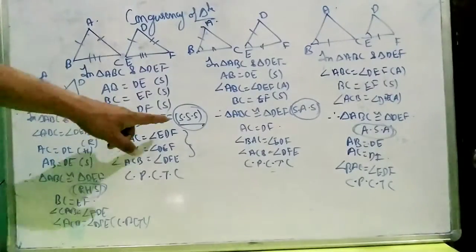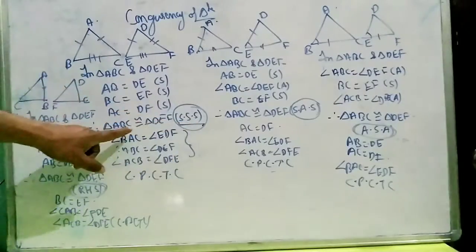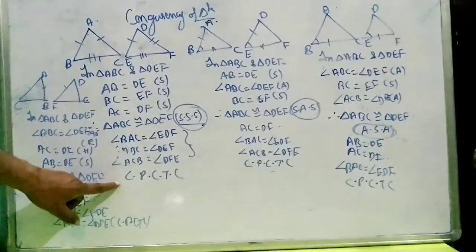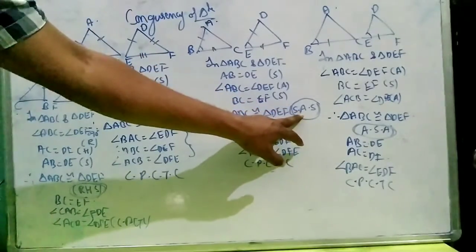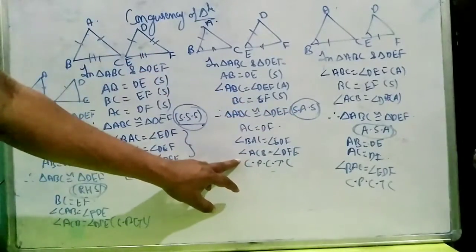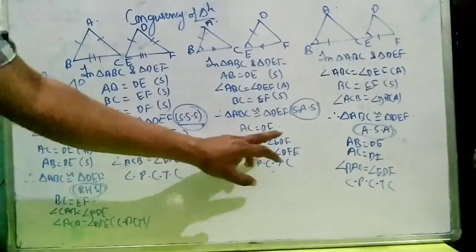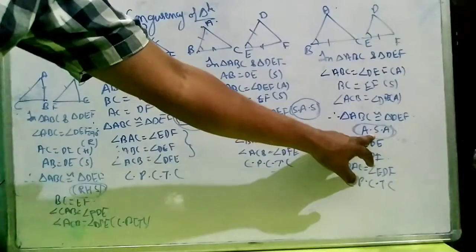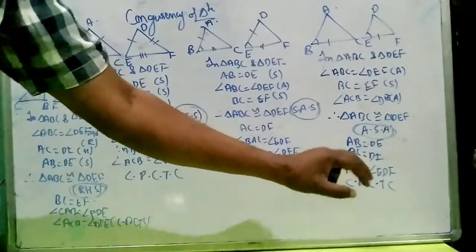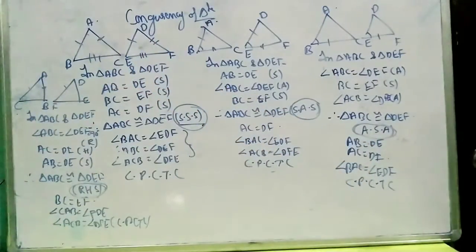If in the first case all three sides are equal, then they are congruent, then the remaining three angles are equal. When two sides and one angle are equal, by the property of SAS, congruency has been proved, then the remaining two angles and one side are equal. When two angles and one side are equal by the property of ASA, the triangles are congruent. It means that the remaining two sides and one angle are also equal. Similarly, in the case of RHS, the remaining sides and the angle will be equal.